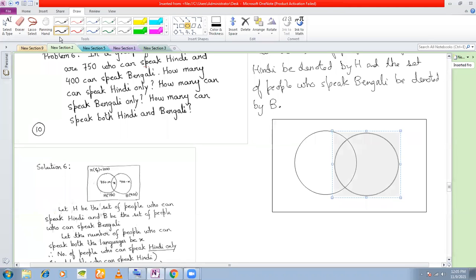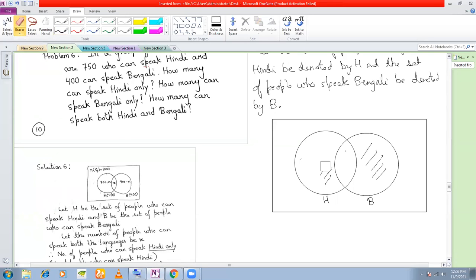Let us say this is the number of people who speak Hindi, and this is the number of people who speak Bengali, and obviously this is the common part, those who can speak both Hindi and Bengali, right? And what is this part? Only this part is the number of people who can speak Hindi only, and this part is the number of people who can speak Bengali only, right?